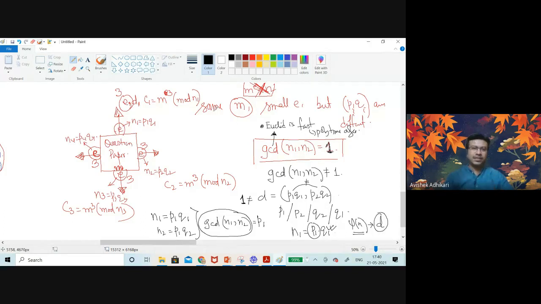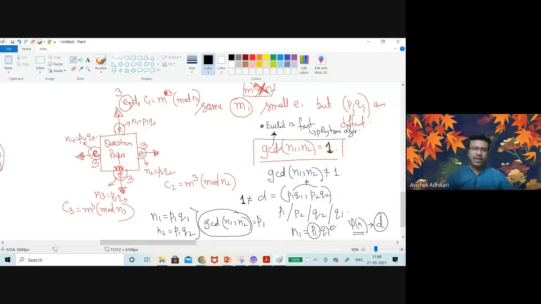So I cannot use common primes, say P1 in both, because in that case the attacker will just compute a GCD, and whatever the GCD value is will be a factor of N1 or N2, and that system will be broken. So we have to be a little careful.